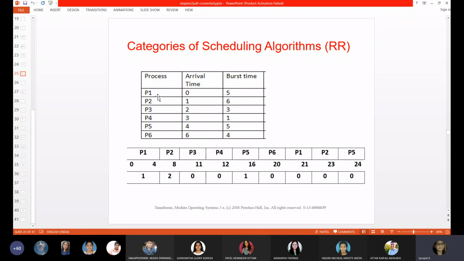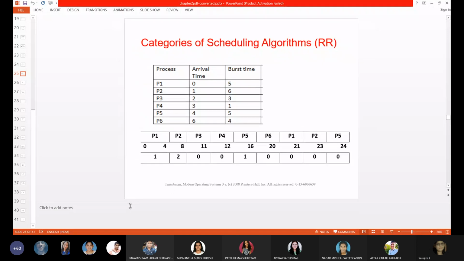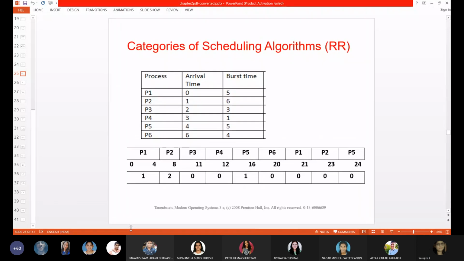Process 1 arrives at the 0th millisecond, so here we will start from 0.